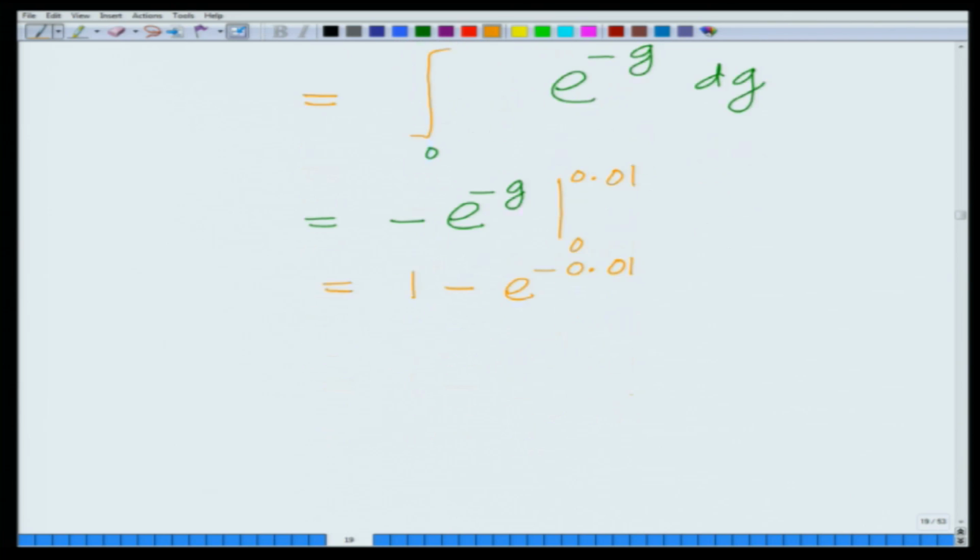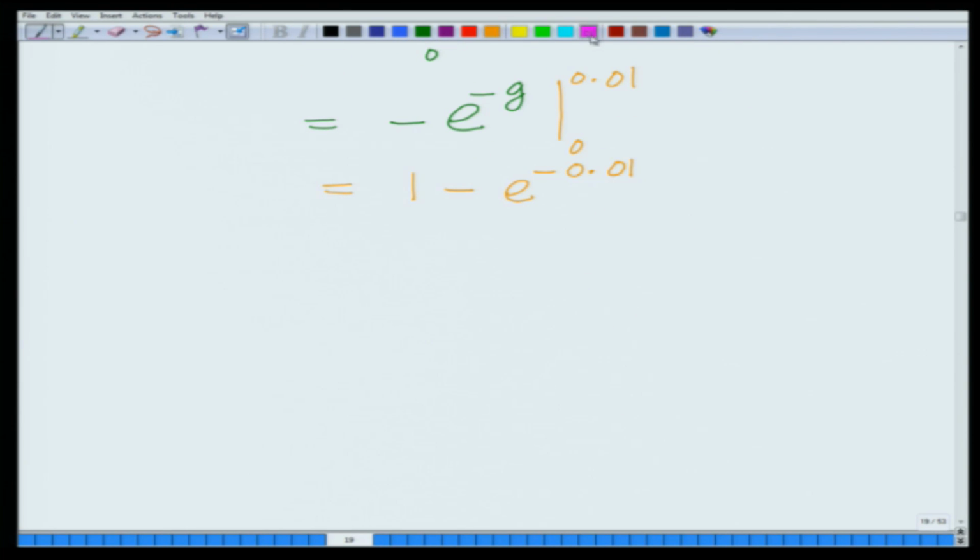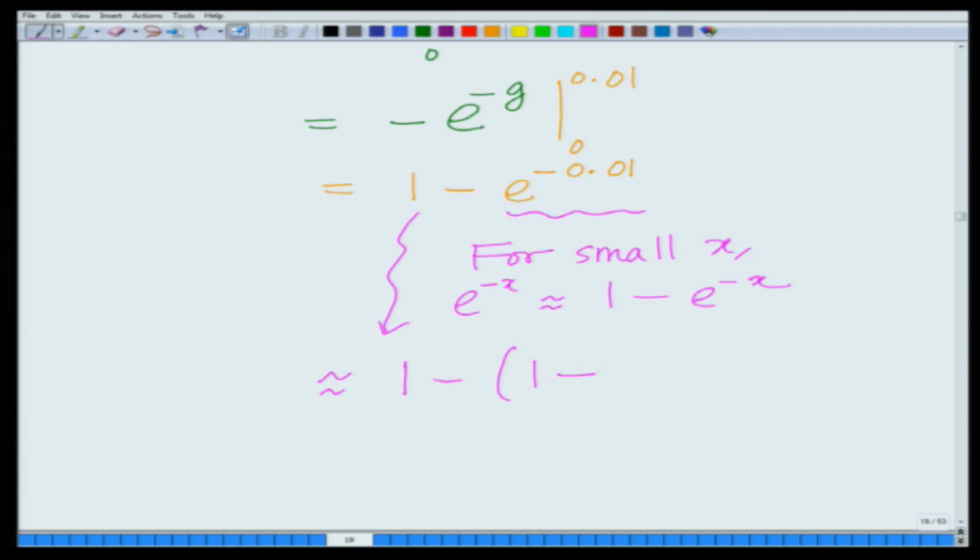Now, I am going to use an approximation for small x, e to the power of minus x is approximately equal to 1 minus x. Therefore, this probability is approximately 1 minus 0.99, which is equal to 0.01.